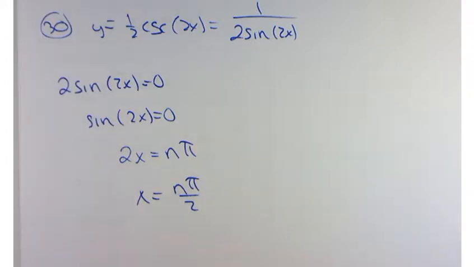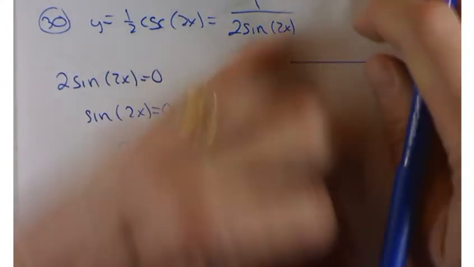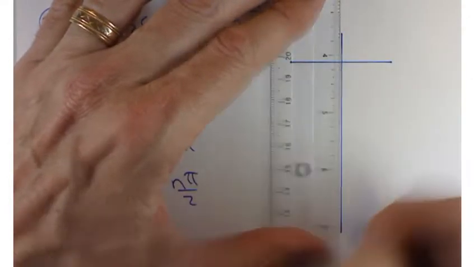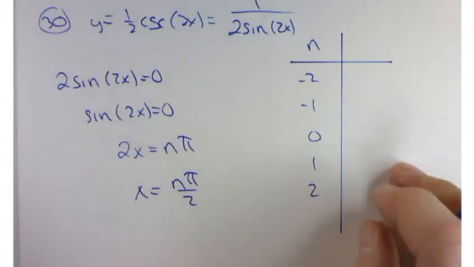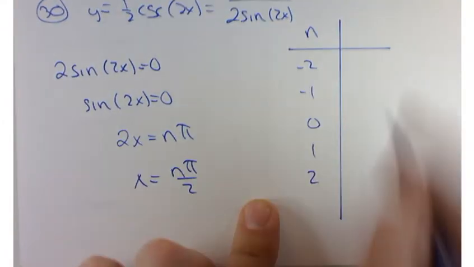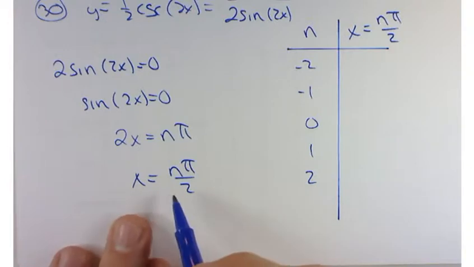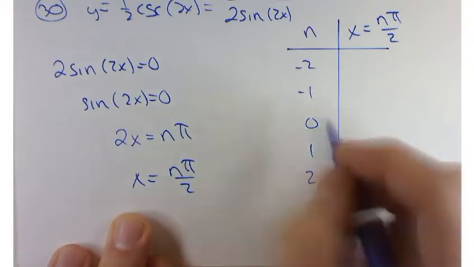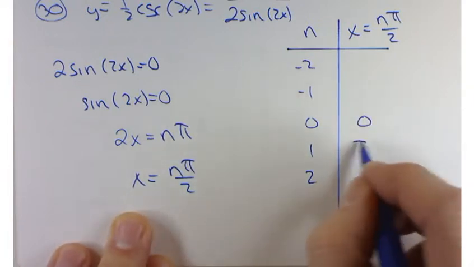Now let me help you understand where that's 0 by making a little chart. We'll just do a few values for different values of n: negative 2, negative 1, 0, 1, and 2. x is n pi over 2. Let's start out with the easy one. If n is 0, I get 0. If n is 1, I get pi over 2.